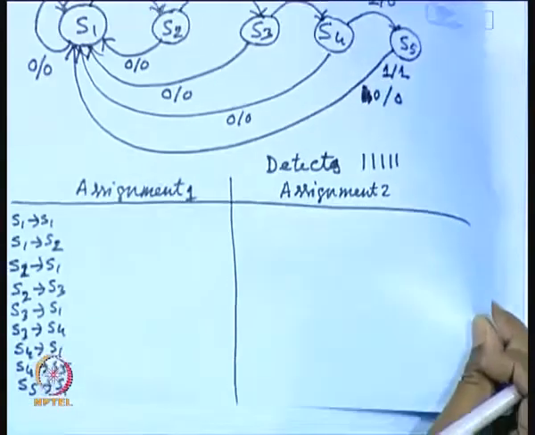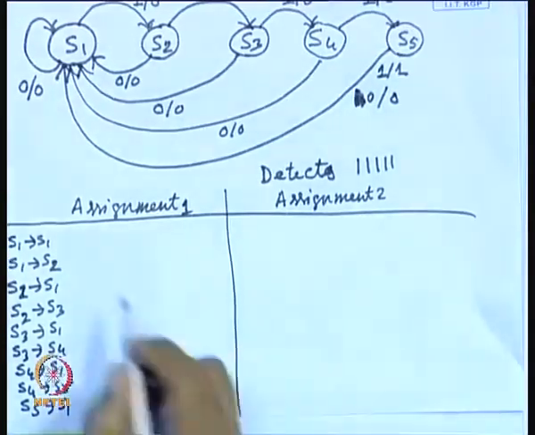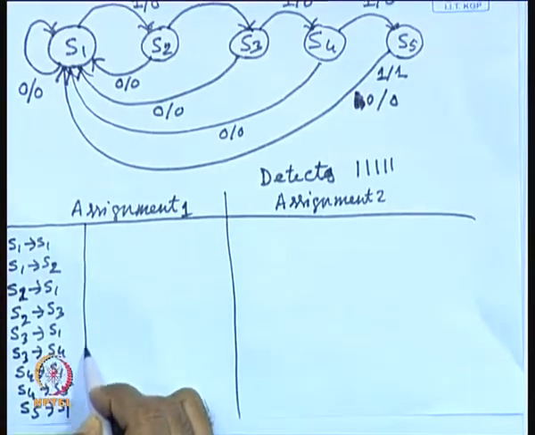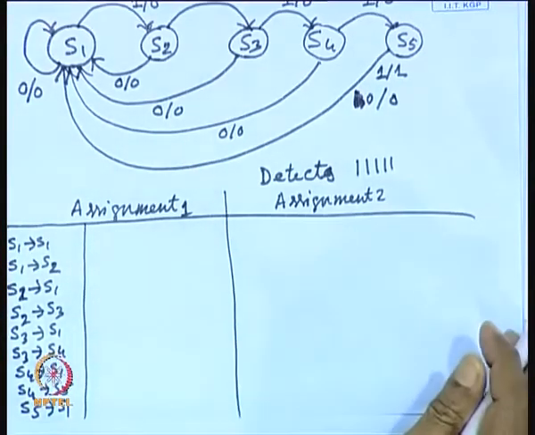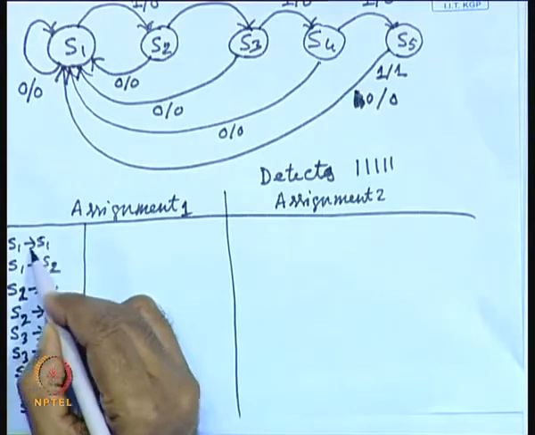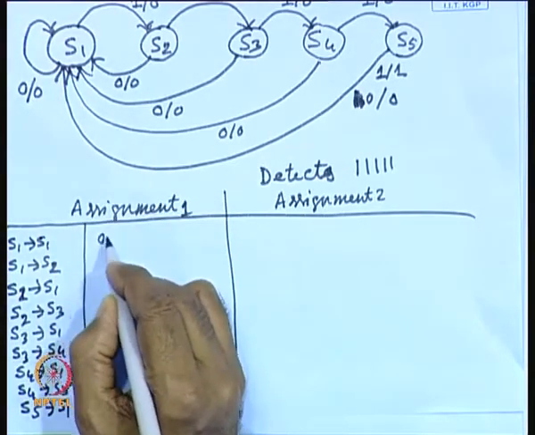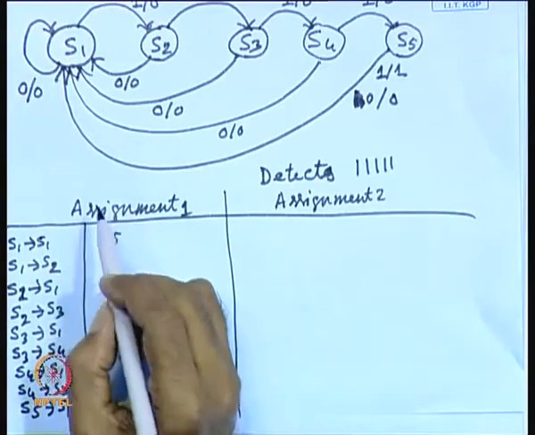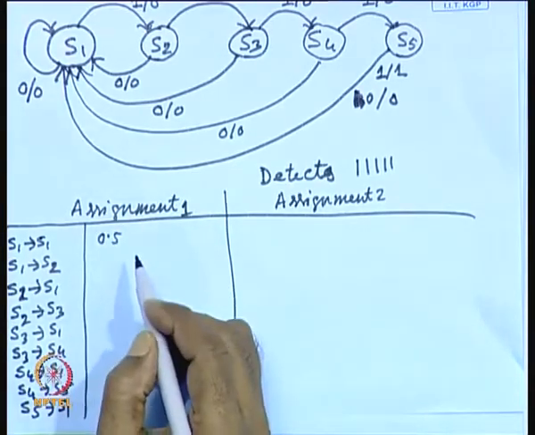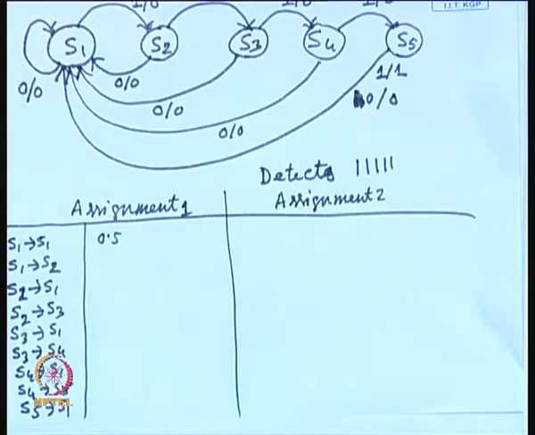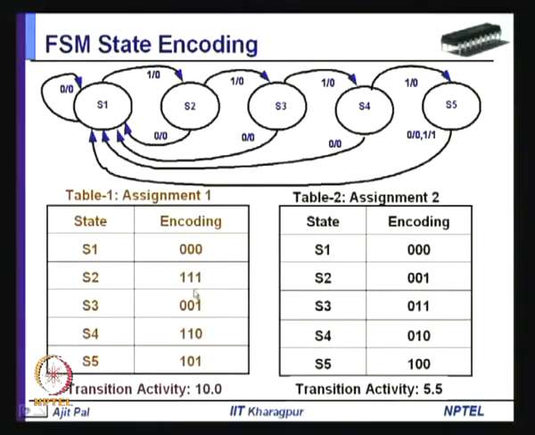So, these are the 5 possible transitions, and let us see what is the switching activity for these two assignments. Whenever it goes from S1 to S1, the probability of transition is 0.5, and since for the code here, as we have seen, the codes in this case are 000 and 111, the switching activity factor from S1 to S1 is 0.